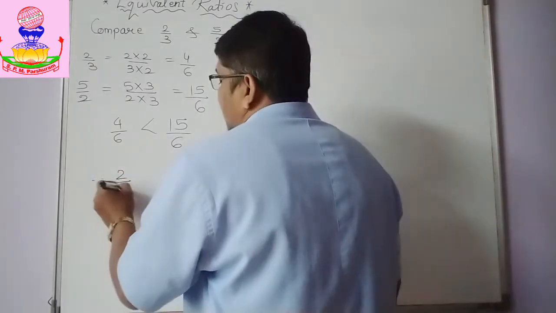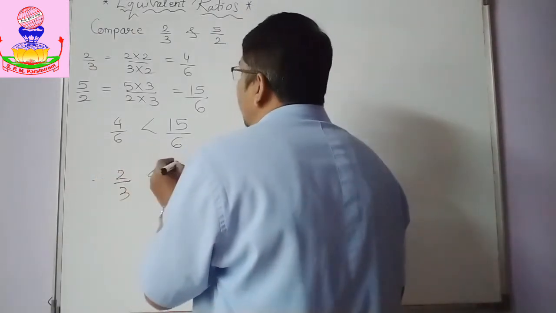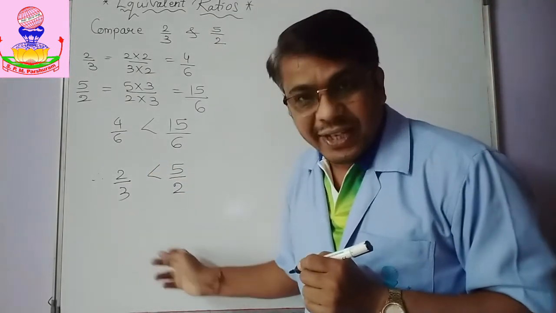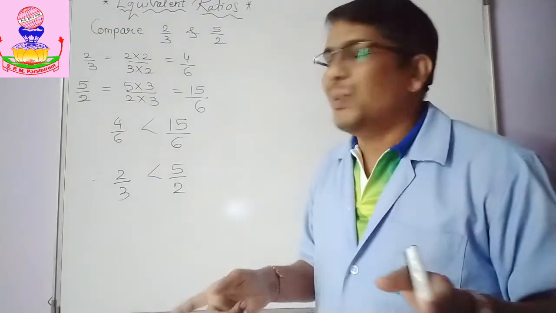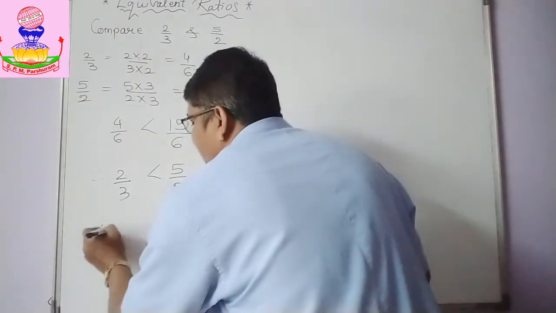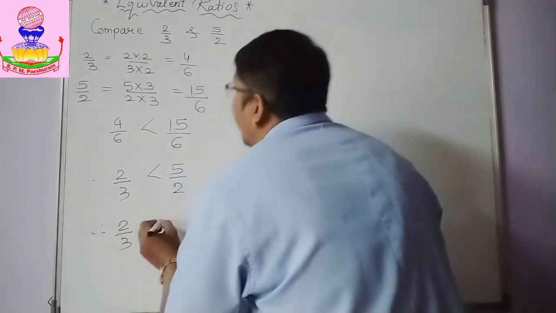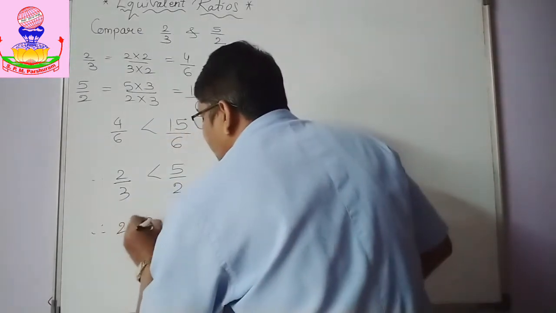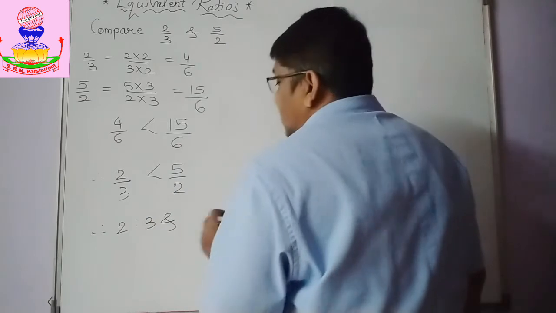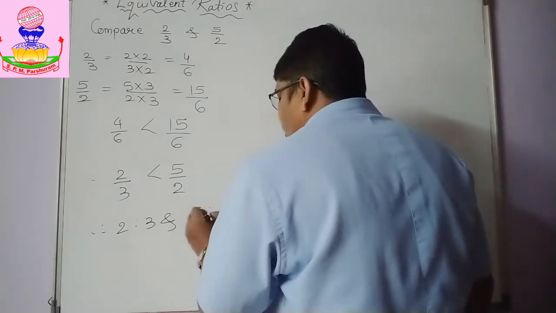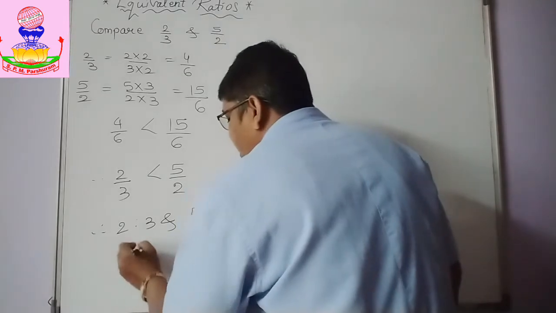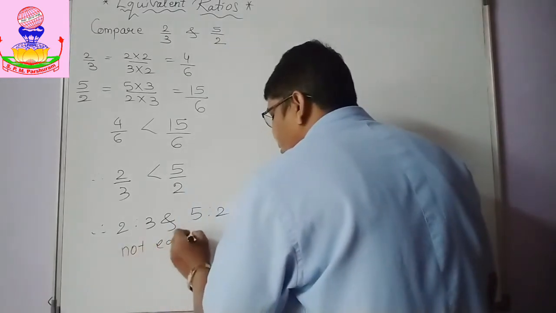Therefore, 2 upon 3 is smaller than 5 upon 2. So are they equivalent ratios? No. So therefore, 2 upon 3, that is 2 is to 3, and 5 is to 2 are not equivalent ratios.